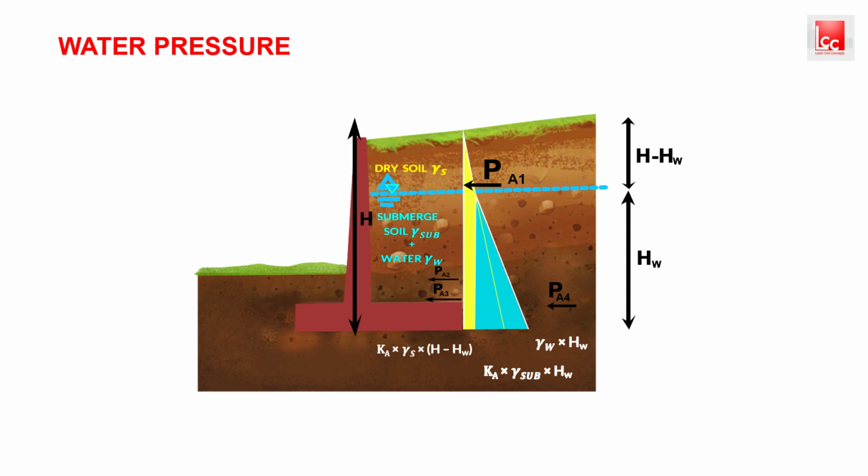All the forces can be added by finding the area under them to calculate the total force acting on the wall. The water pressure can be avoided by providing proper drainage facilities like weep holes and drains.